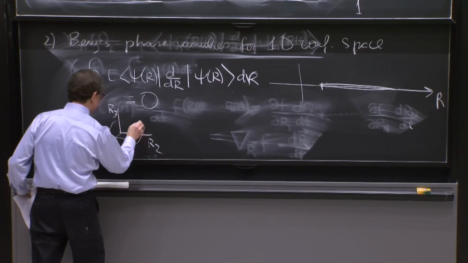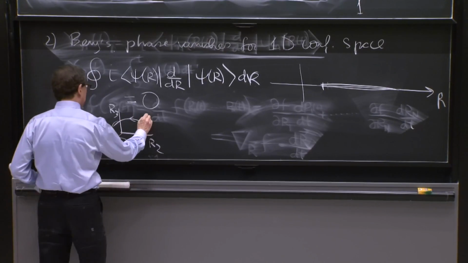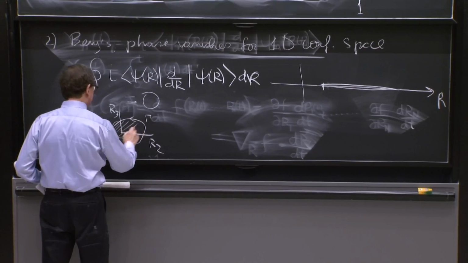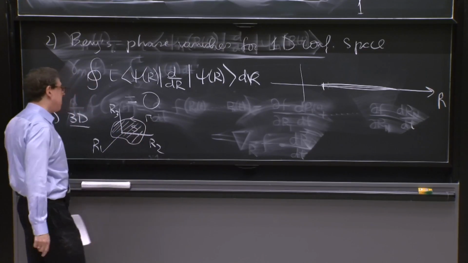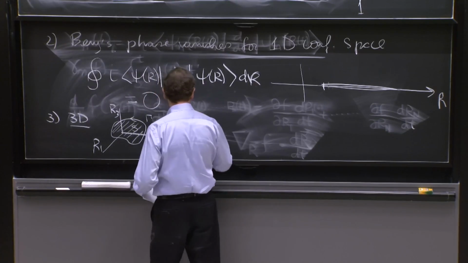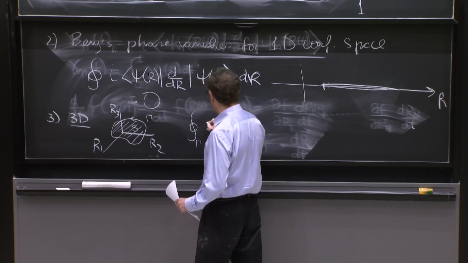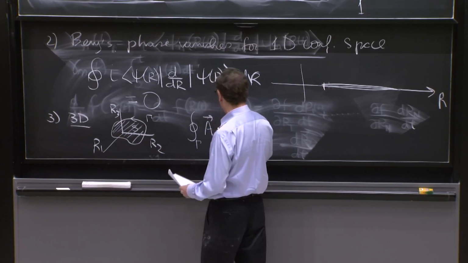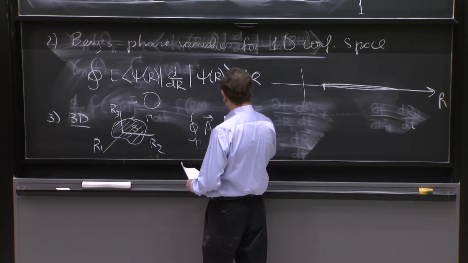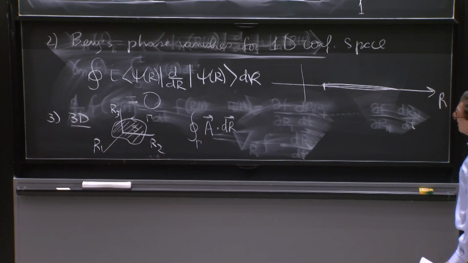The Berry phase is an integral over a closed path here. So let's call it gamma, and let's call this surface S, whose boundary is gamma. So what is the Berry phase? The Berry phase is the integral over gamma of the Berry connection, dR. But what is that?